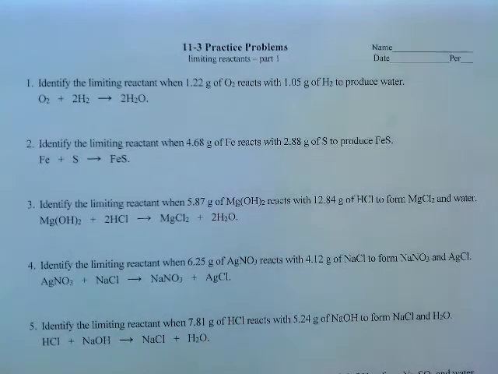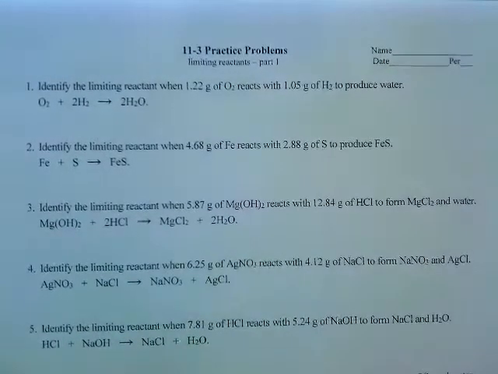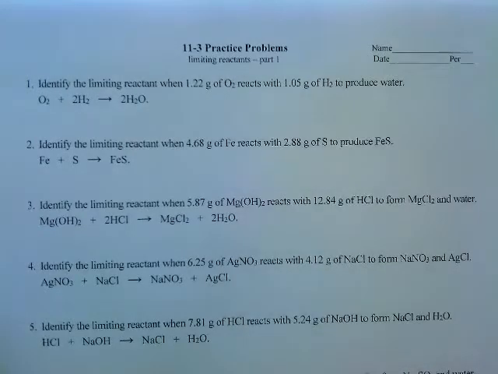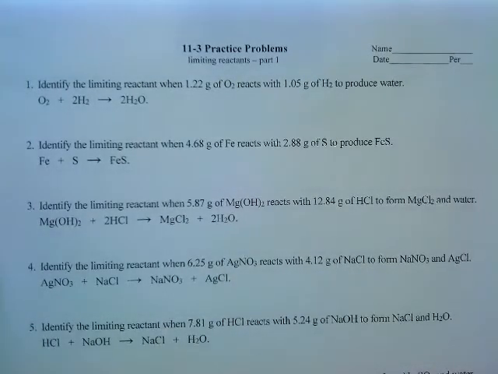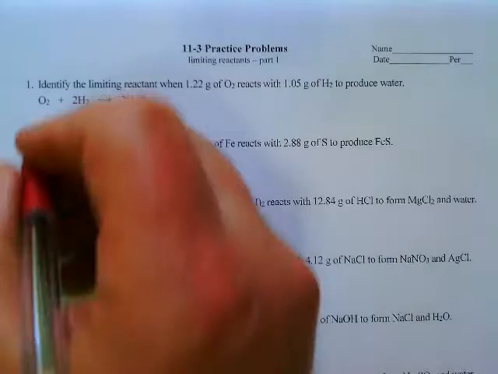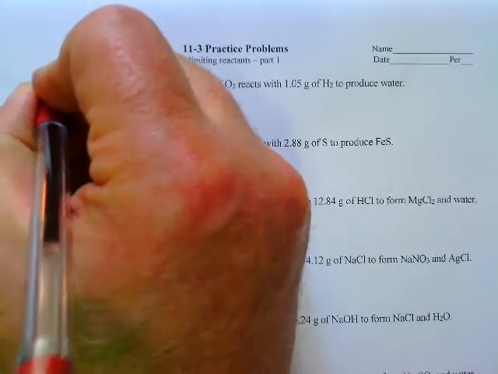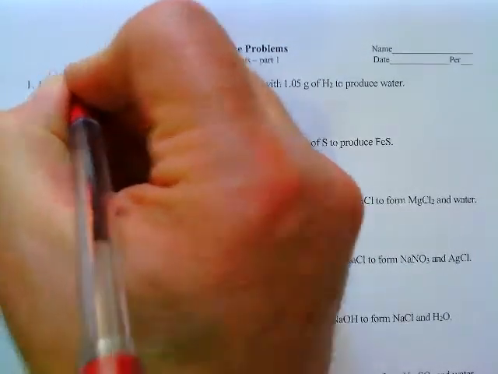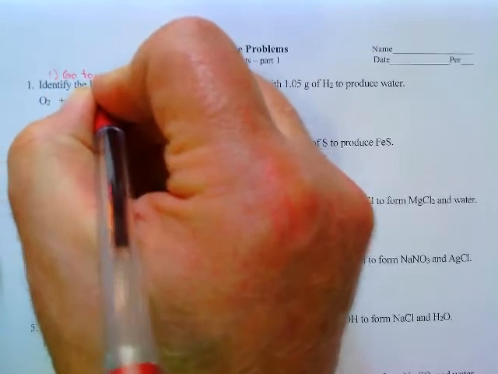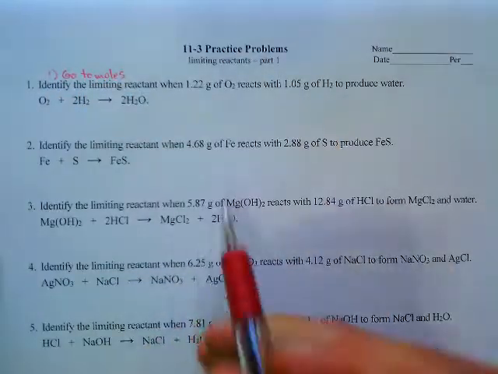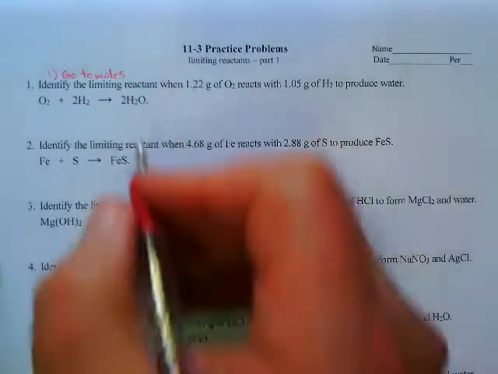Okay, let's look at a couple of examples for how to do this particular worksheet. Remember, really our first step is to go to moles. In other words, we have to take both the amounts and go to moles.